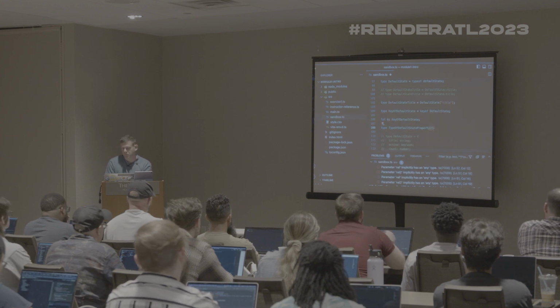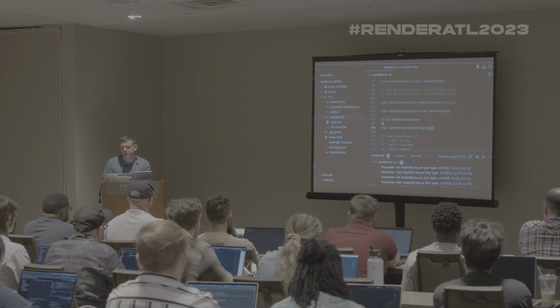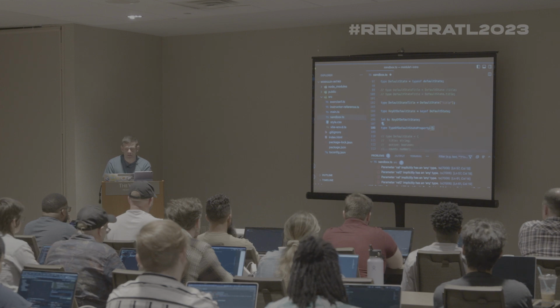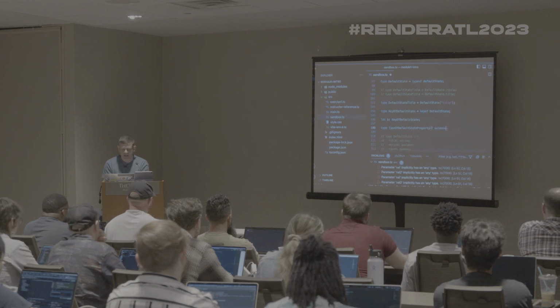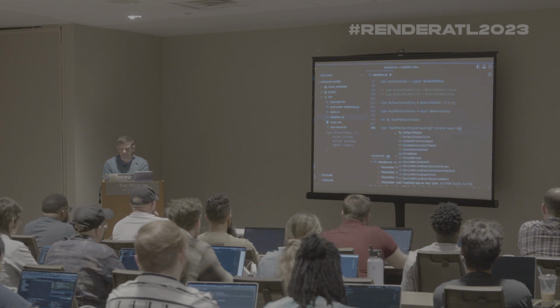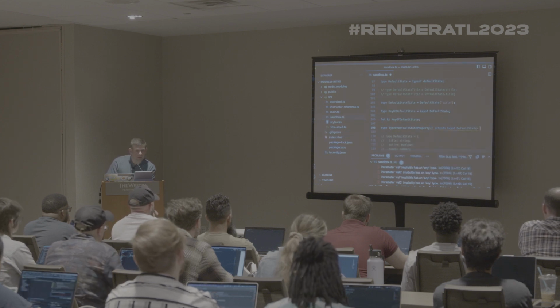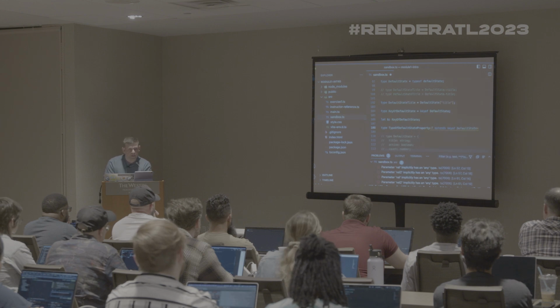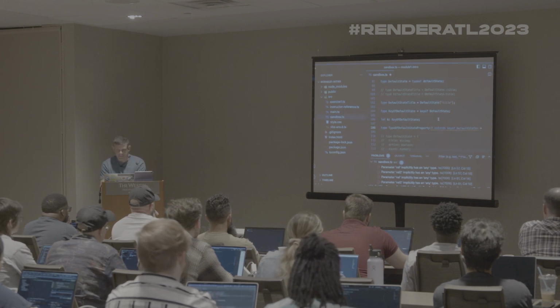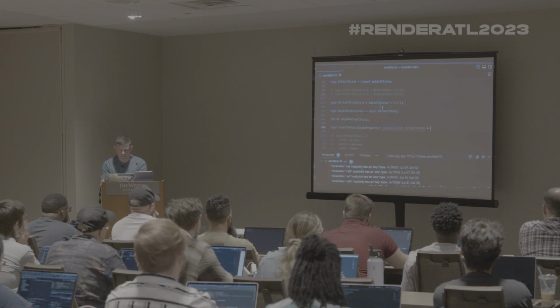For now, we'll introduce a generic type without saying what it does. And we're going to say T extends key of default state equals, and I'm running out of space here. Oh, here, let's create some space.